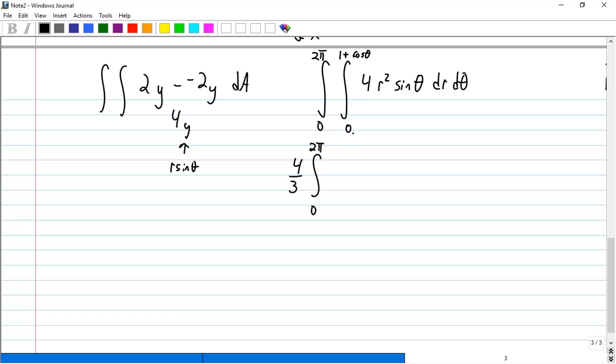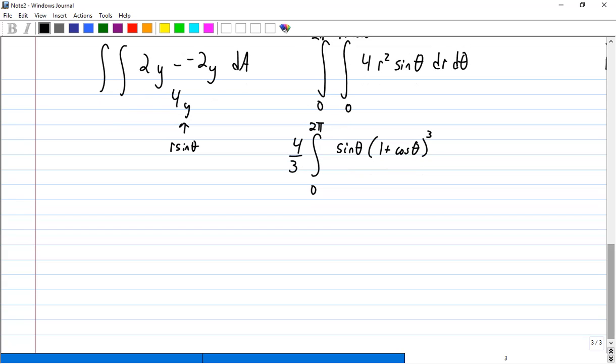The bottom boundary gives me a 0. So it's going to be sine theta times 1 plus cosine theta cubed d theta.